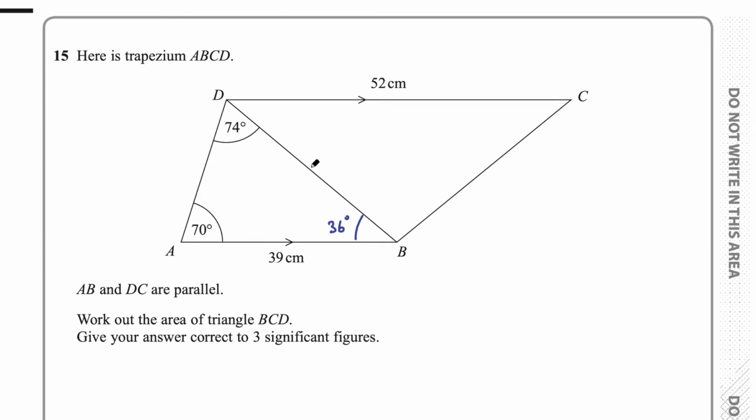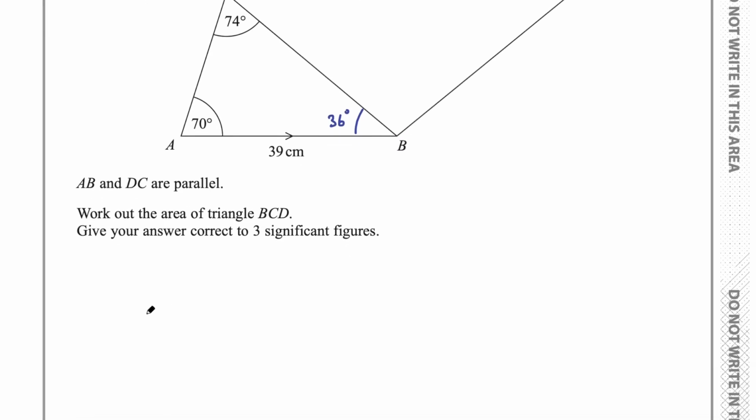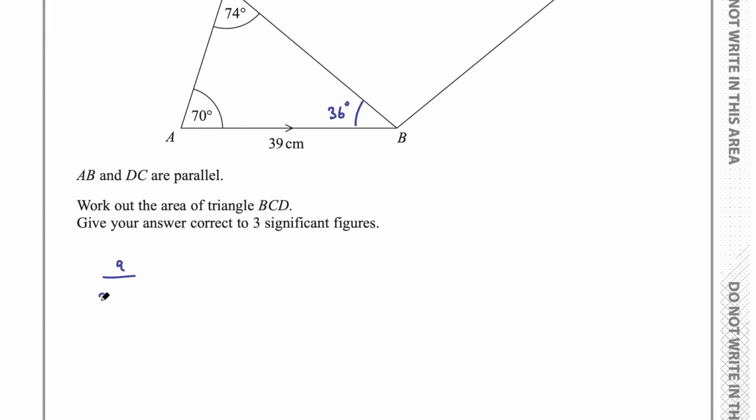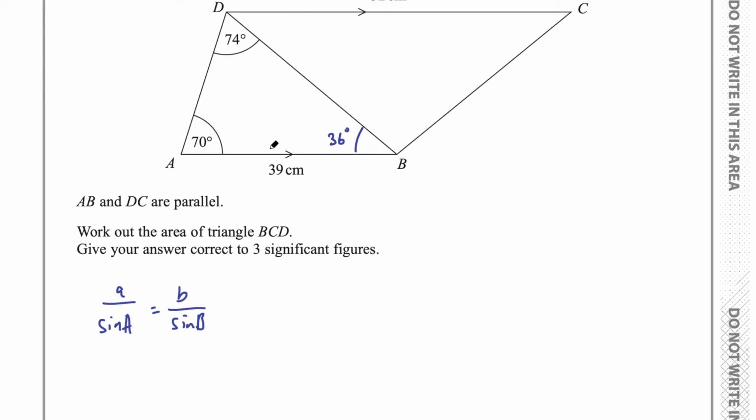Then what I might do is to find this length DB using the sine rule. The sine rule says that a over sine A equals b over sine B. So if I use 39 as side a, this would be angle A, and this is going to be angle B, and this would be side b.